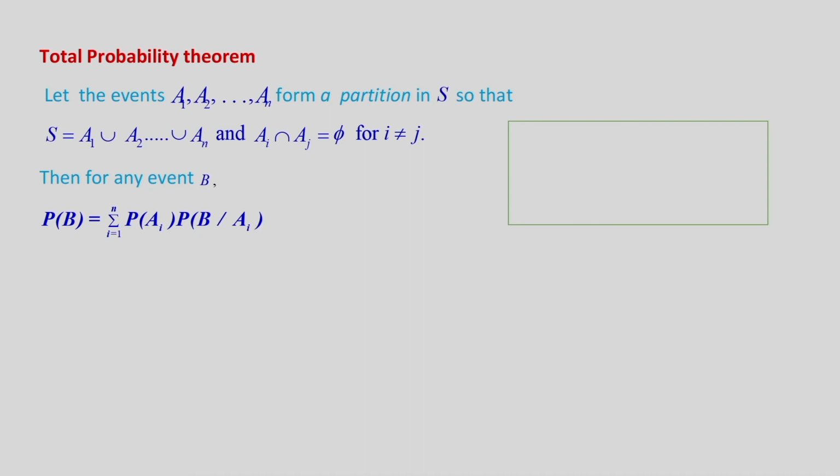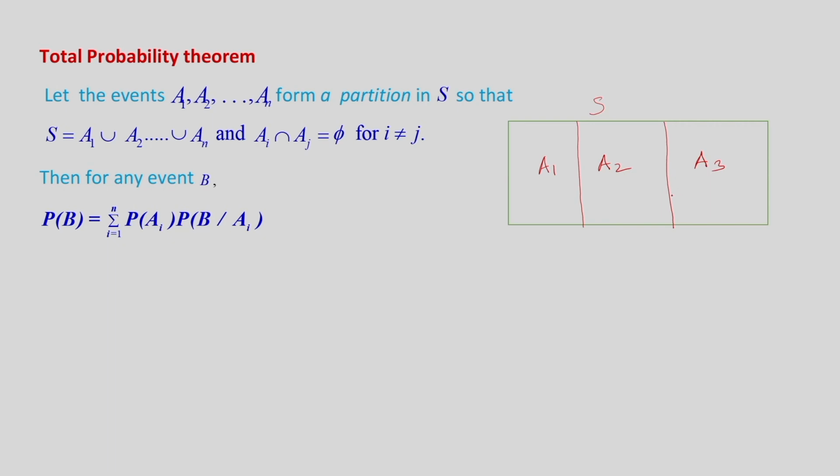Let us illustrate this. Suppose this is my S and I have 3 events A1, A2 and A3. So, A1, A2, A3 form a partition in S, because A1 and A2 are disjoint, A1 and A3 are disjoint, and all events are disjoint.